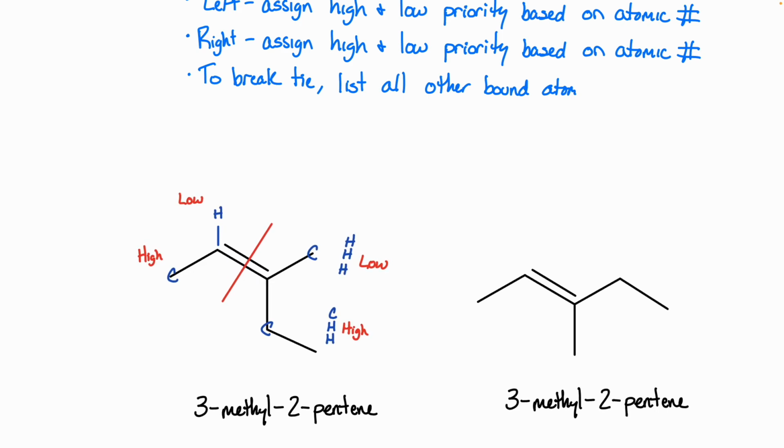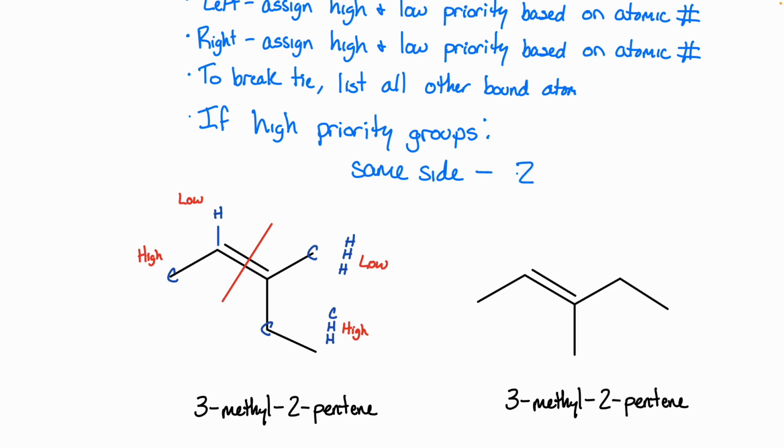Okay, so then to assign our E and Z stereochemistry, if our high priority groups are on the same side of that double bond, that is the Z stereochemistry.